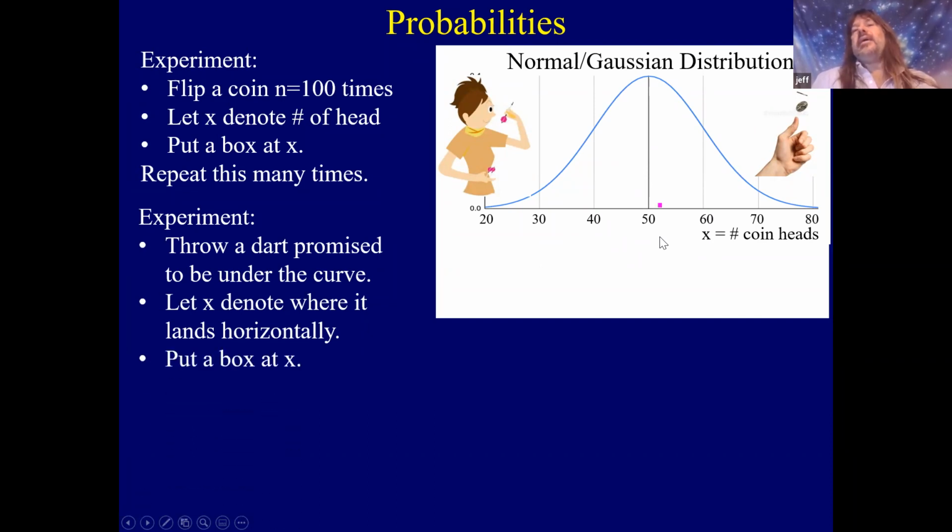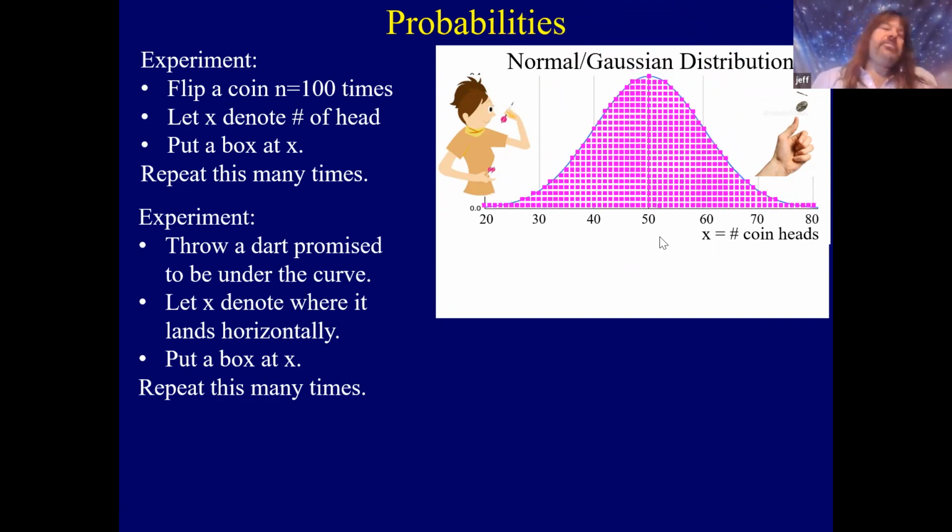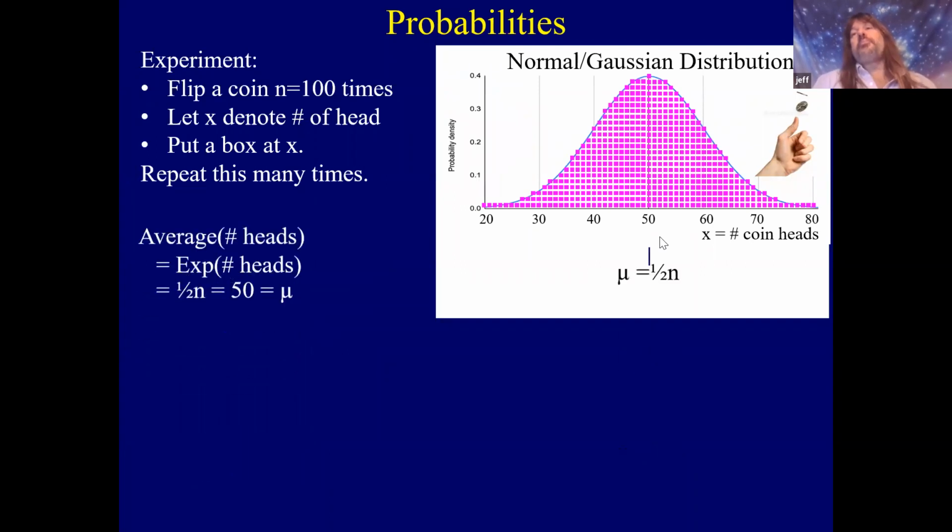And then you repeat that process, right? You keep throwing darts at random places in the area. And if you keep doing that, you're going to fill the whole area, right? You're going to hit every place in the area sort of equally likely. It's basically the same distribution we had talked about before, right?